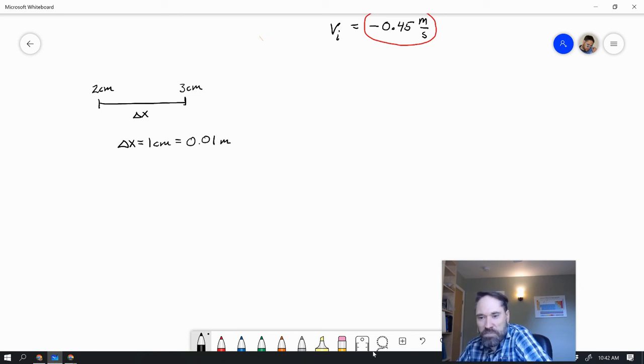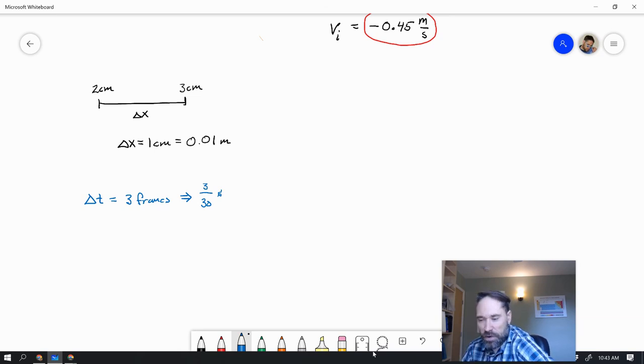Well, how much time passed for this one? My change in time this time was 3 frames. And 3 frames is equal to, not 1 over 30, but 3 over 30 seconds, because each frame is 1/30th of a second.